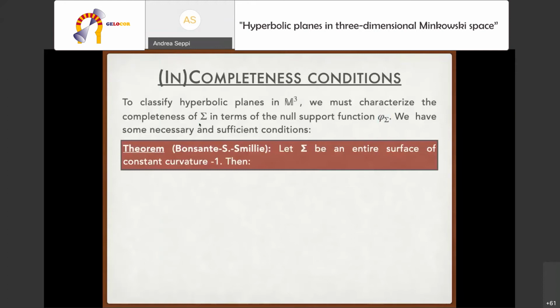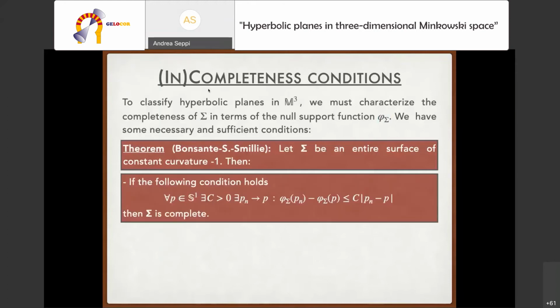So suppose sigma is an entire surface, it has constant curvature -1. Then if the following condition holds, then our surface is complete. How shall we read this condition? Basically, pick any point on the circle.